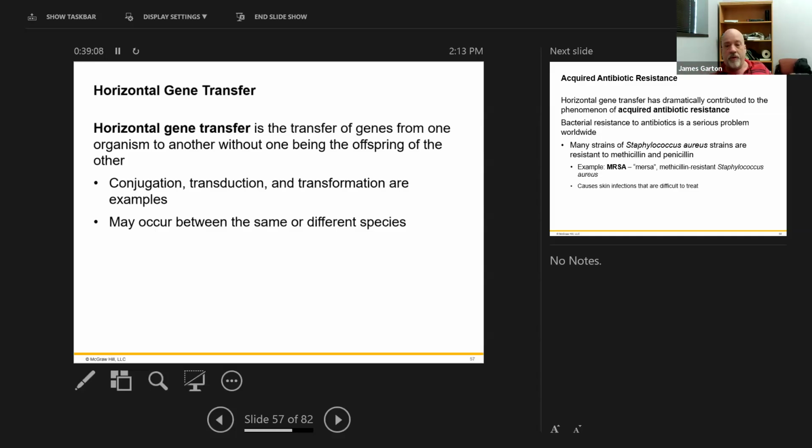It is the transfer of genes from one organism to another, maybe from one species to another, maybe from one kingdom to another, maybe from one domain to another. Common examples in bacteria are conjugation, transduction, and transformation. And we now suspect that horizontal gene transfer is much more common than was previously thought.